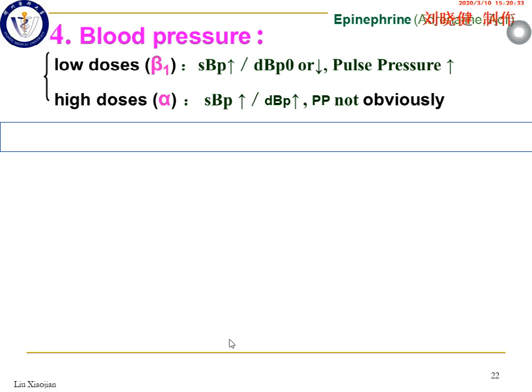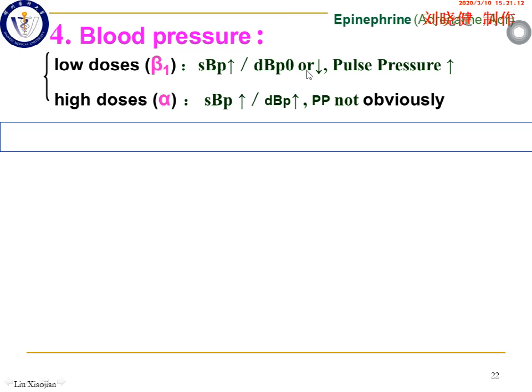Now, effects on the heart and on the blood vessels. This result also can alter blood pressure. So look at what that change is. When this drug is used at low dose, beta receptor is more sensitive. So it acts on the heart, inducing increased cardiac output. So it mainly increases systolic blood pressure. Effects on the alpha-1 receptor in the blood vessels are relatively weak.